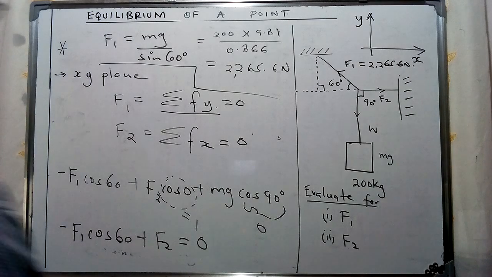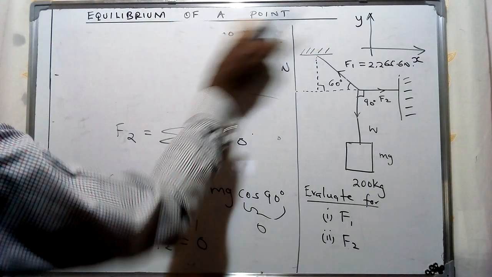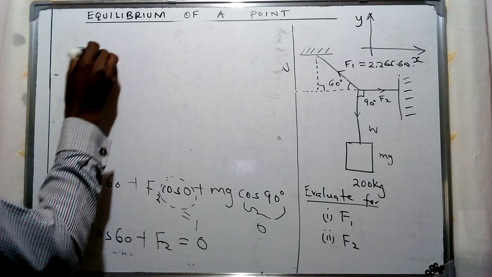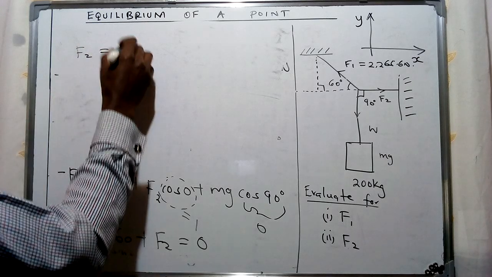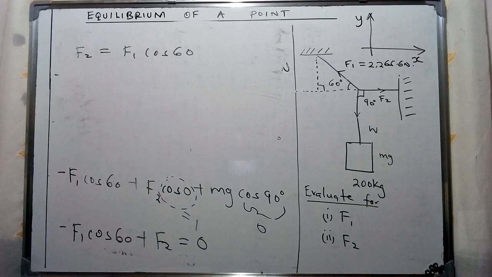We can rearrange this equation, or make F2 the subject of this formula, given in terms of F1 cosine of 60 degrees.